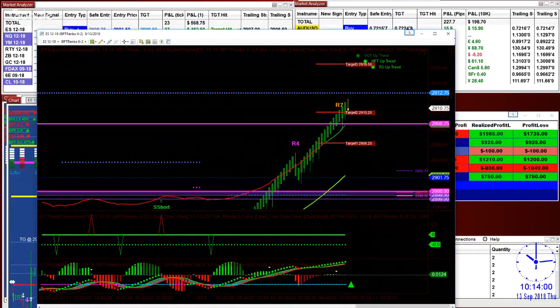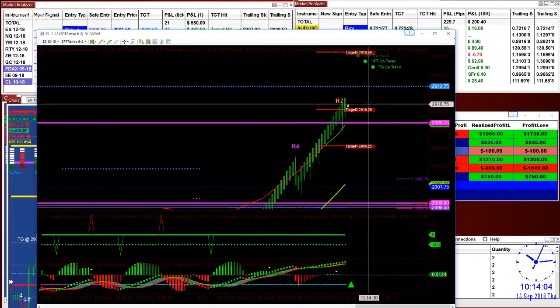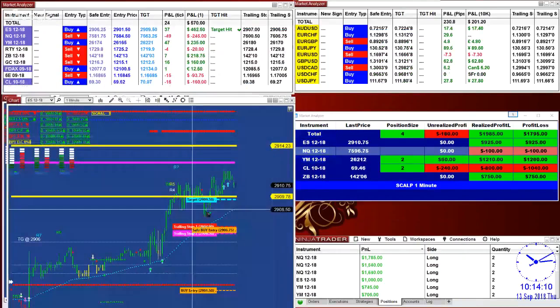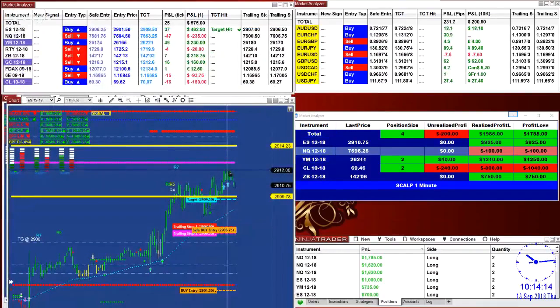So right now I can see this ES is running out of steam by looking at these two yellow lines here. I know we are in a critical area. I don't believe in those doubles.